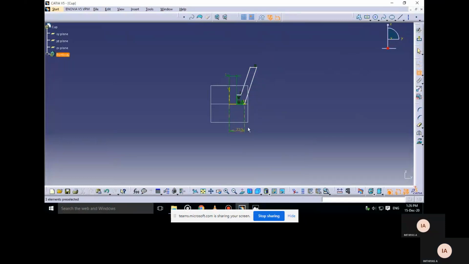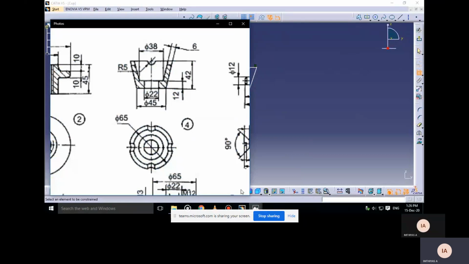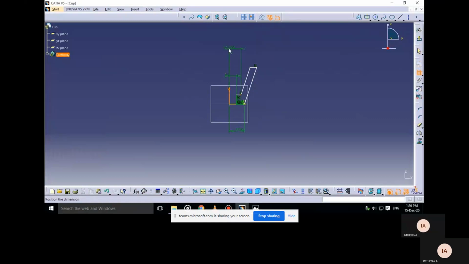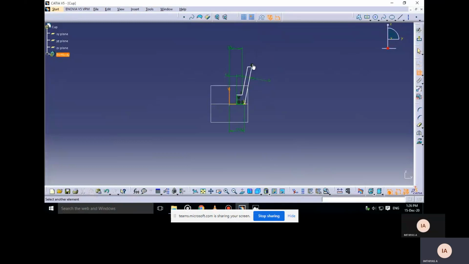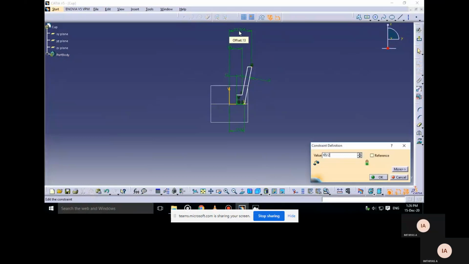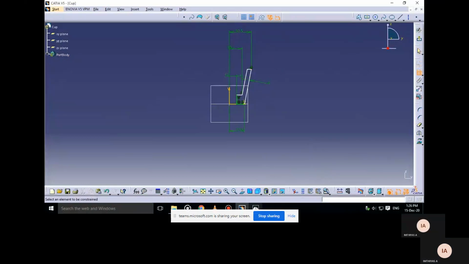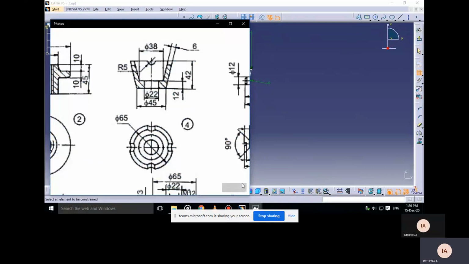Outer side it is 45 divided by 2, 22.5. This thickness is 6 mm. Total height is 42.